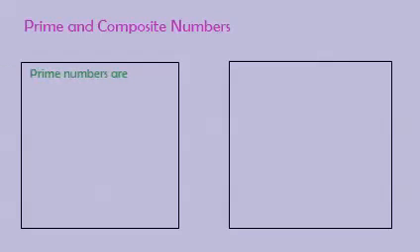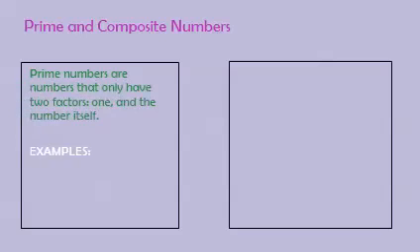Prime numbers are numbers that only have two factors, 1 and the number itself. Examples: 3, 5, 7, 11, 31. Those we call prime numbers. Prime numbers are numbers that have only 1 and themselves as factors.